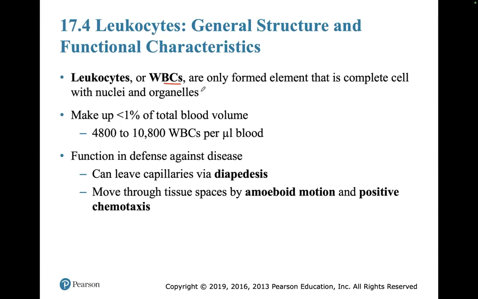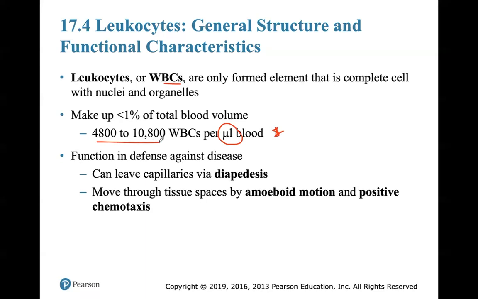They make up less than 1% of blood, which is 4,800 to 10,800 WBC per microliter of blood. Remember, a microliter is one thousandth of a milliliter, so it's a really tiny amount. This number is super critical. You should remember the normal range of WBC.